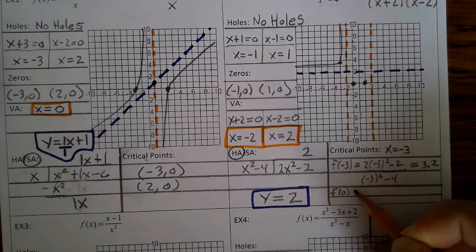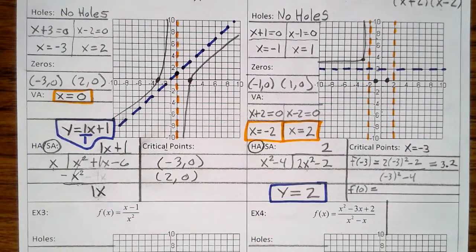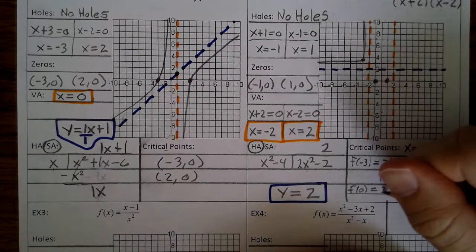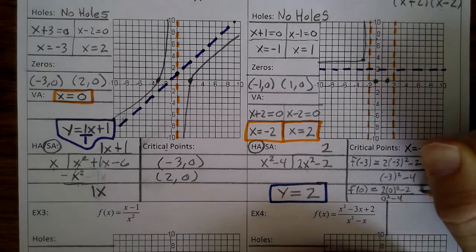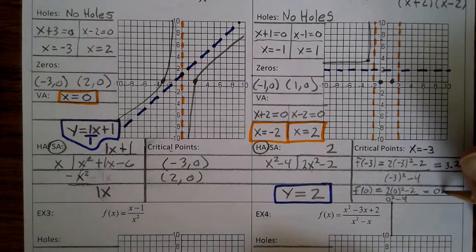So that's 2 times 0 squared minus 2, divided by 0 squared minus 4, which equals 0.5. So that tells us our point is 0.5, which tells us that our curve is here.